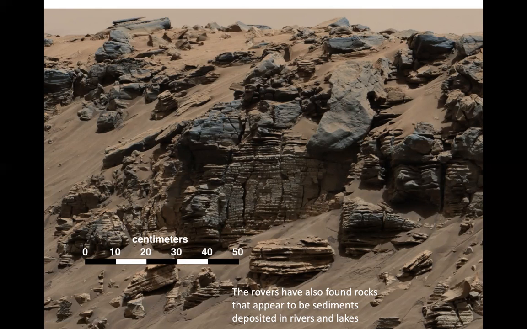And these are rocks that are of high interest because sedimentary rock implies erosion, implies liquid water, it implies all sorts of things that are interesting from both a geological and habitability perspective. Because if you have liquid water running around long enough to make deposits like this, maybe something was living there.